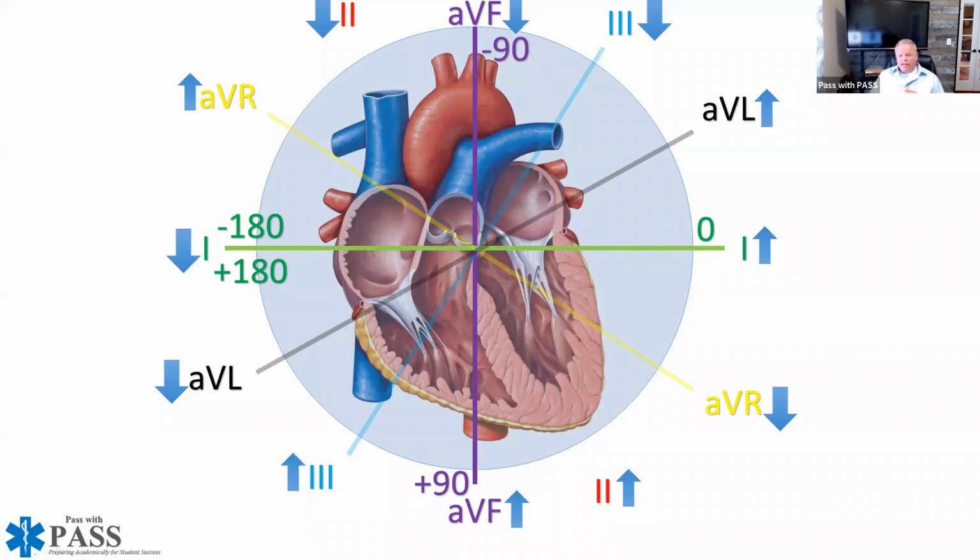If you're thinking that from 0 down to 90 we are looking at the entire left ventricle, then you're on the right path. Under normal conditions, and there is a caveat here that I'll pick up, our axis in normal patients should be between 0 and 90 degrees positive. If that is what you're finding, then that tells me that the left ventricle is getting the most amount of energy.